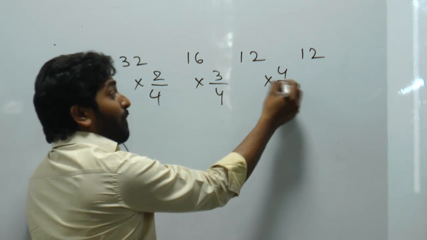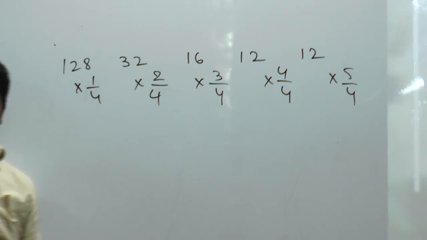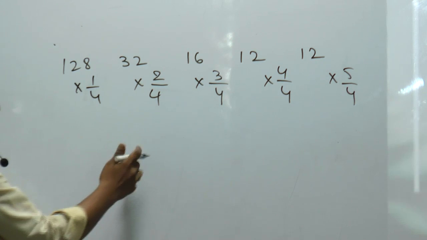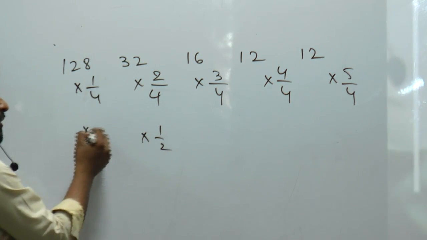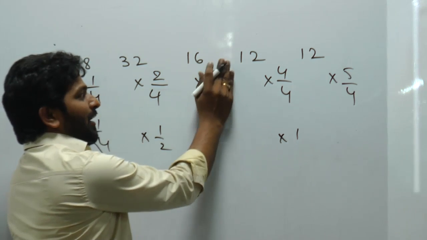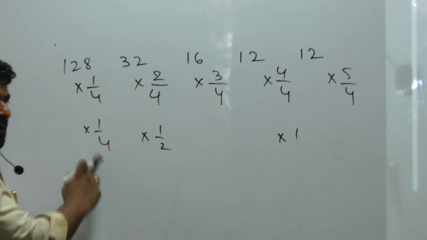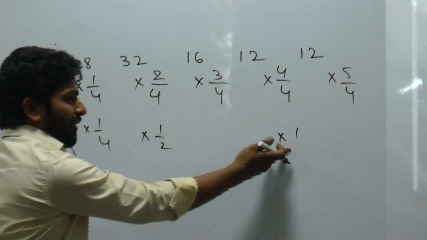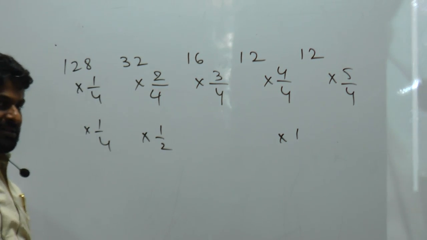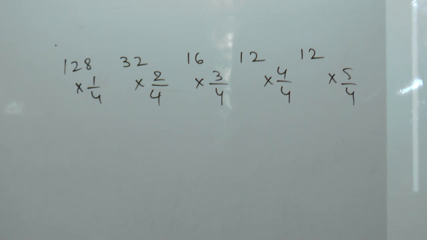This is into 4 by 4. This is into 5 by 4. See, instead of this, if you write it as into 1 by 2, you will not get the logic. Here you have into 1. Into 1 by 4, into 1 by 2, after something you have into 1. You will not understand the logic. Let's write into 1 by 2 as 2 by 4, then you will understand.